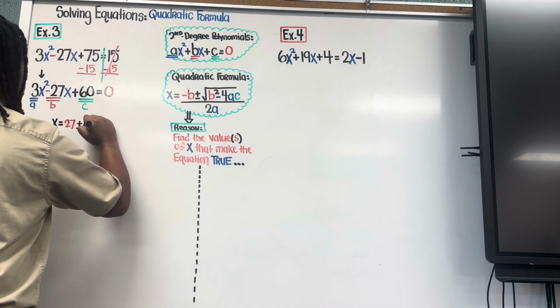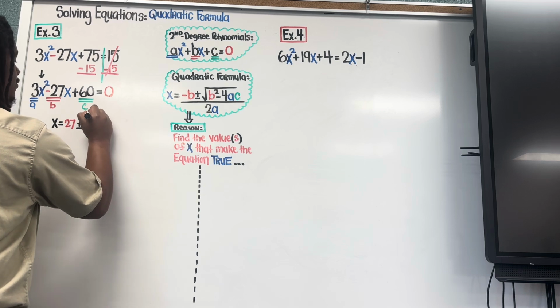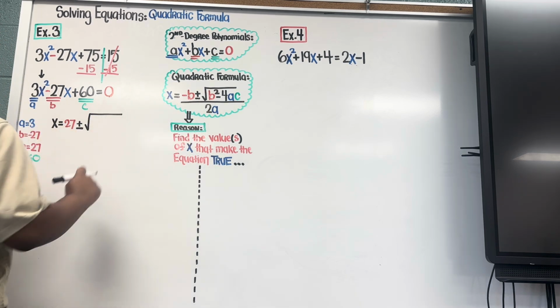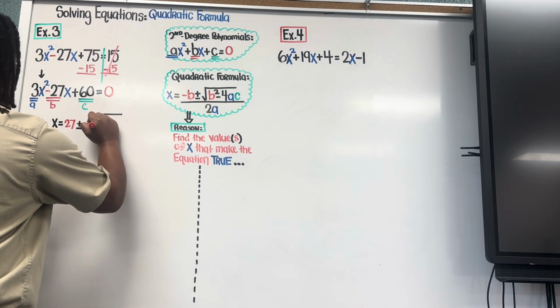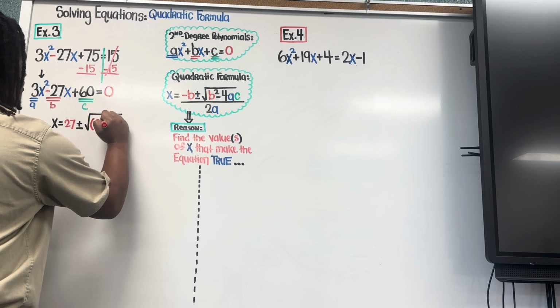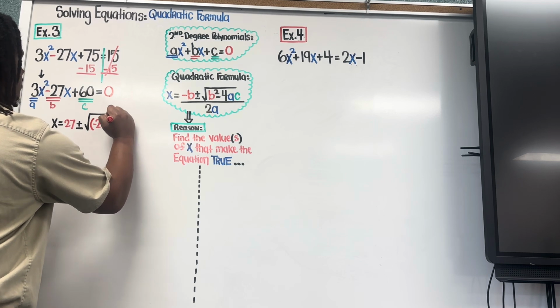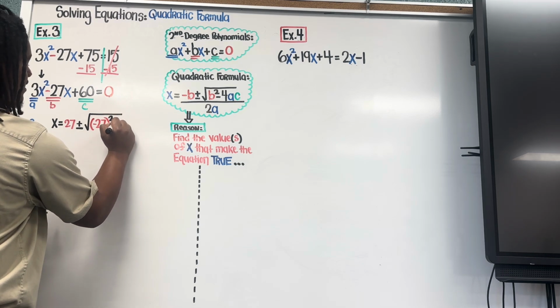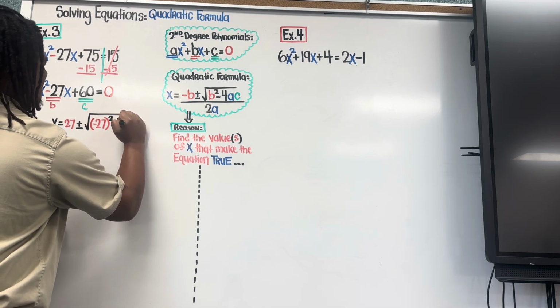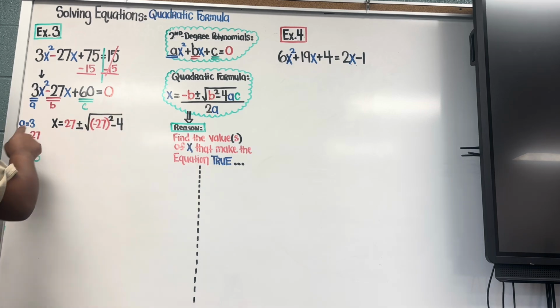All right. So now we're going to have the square root of, okay, now we have positive b to the second power. Positive b is a negative 27. So that's going to be a negative 27 to the second power, minus 4 times a. a is 3.